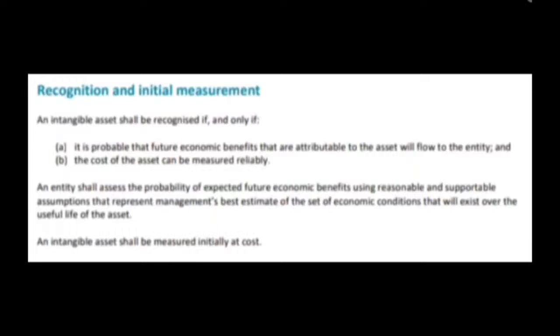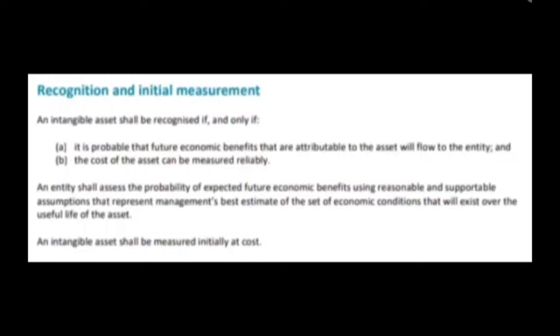So probable means that there are 25 to 50% chances that an asset will get future economic benefits to the entity, and the cost of the asset is reliably measurable. So reliably measurable means how much cost will the asset be produced at.